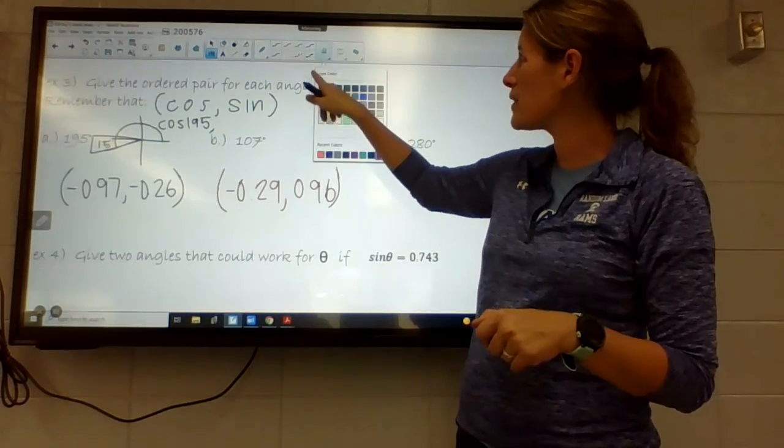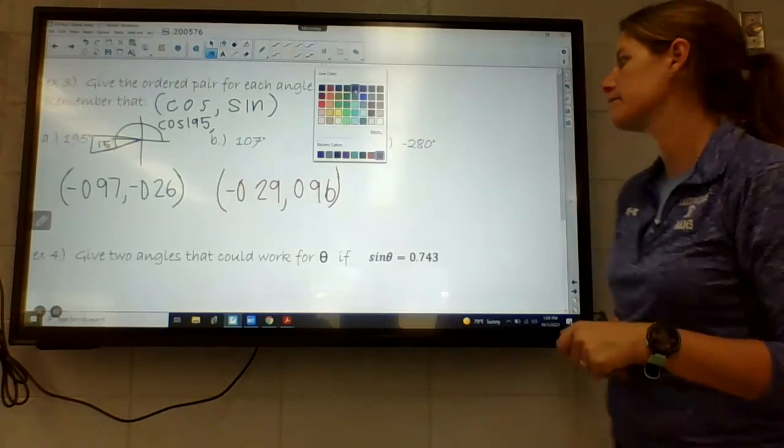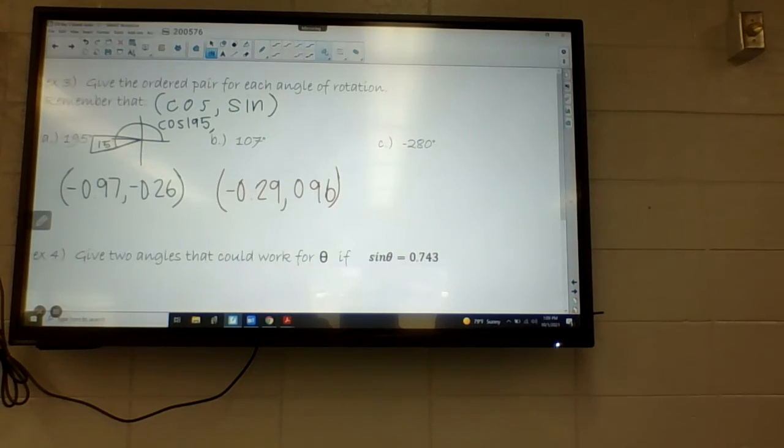Did that work out for you guys? So these aren't so bad. Just kind of getting that coordinate system idea that cosine and sine, that's all they're asking for there.